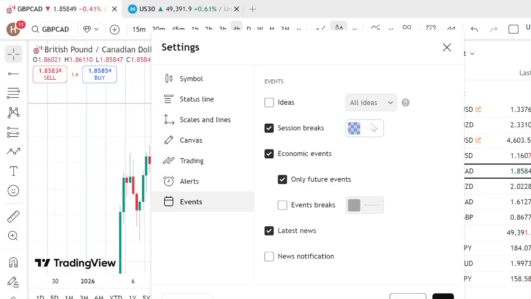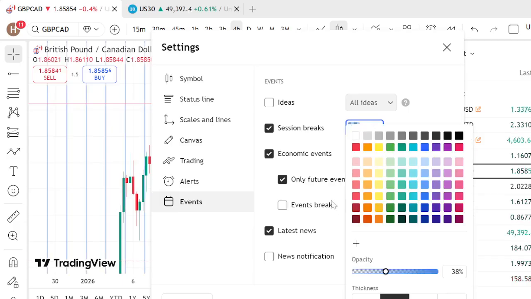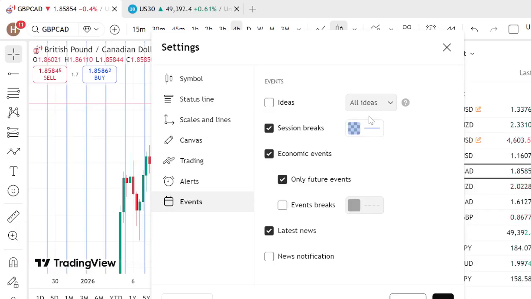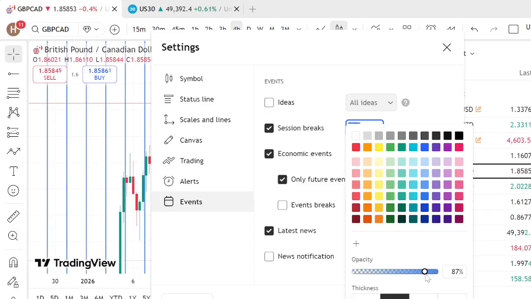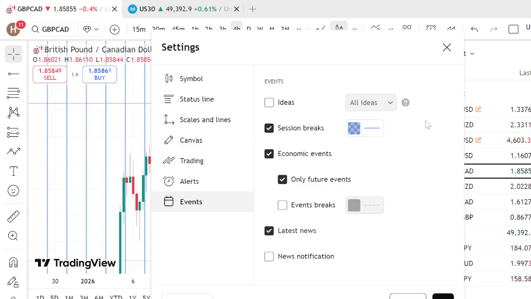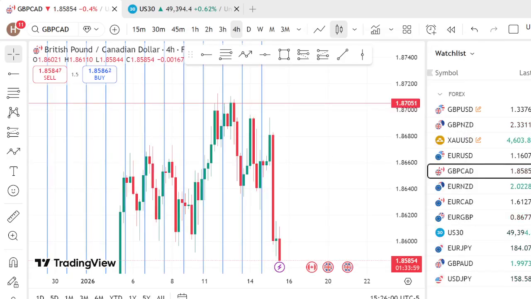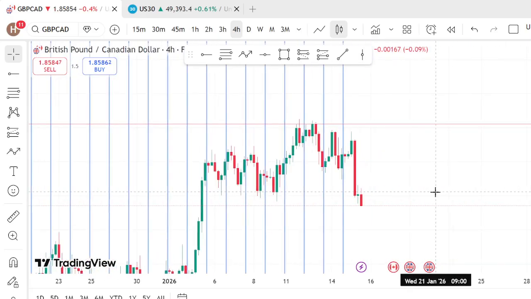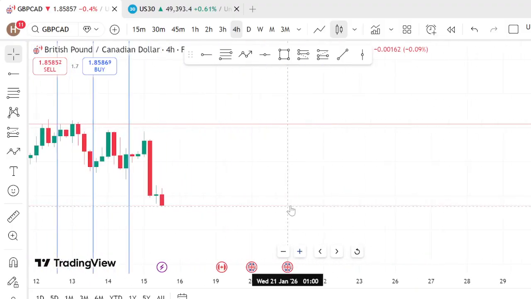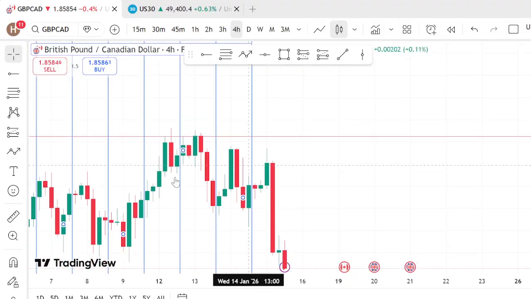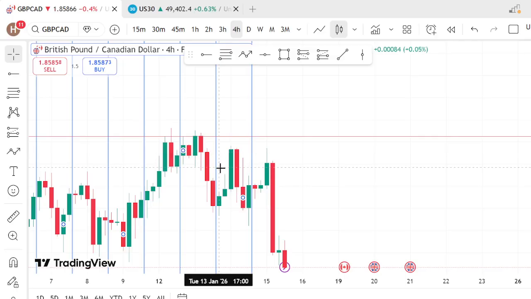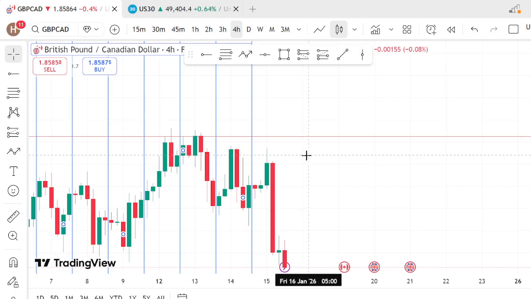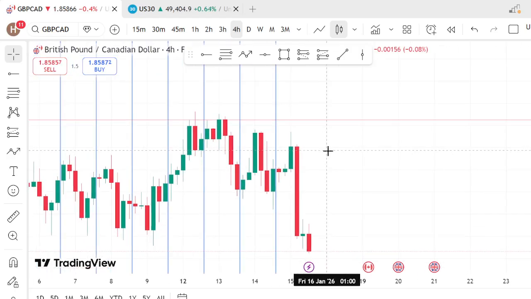Each of these vertical lines represents a day. So that's 6 candles for each day: 1, 2, 3, 4, 5, 6. That's for the 4 hours time frame.